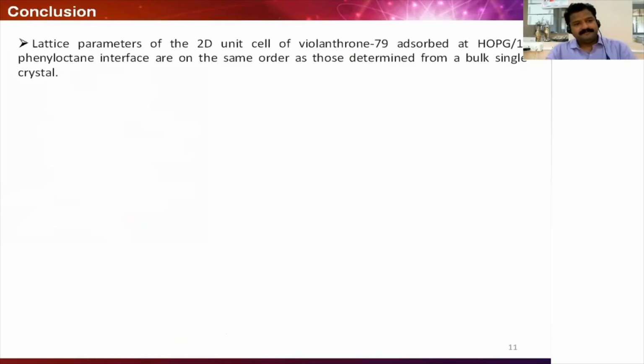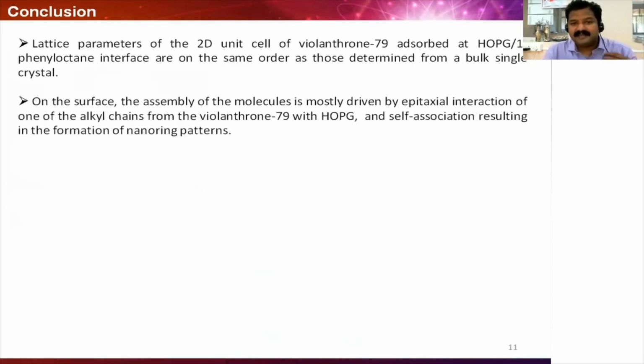So in conclusion, the lattice parameters of the 2D unit cell of violentron adsorbed at the HOPG solid-liquid interface are on the same order as those determined from the bulk crystal through XRD and TEM measurements. On the surface, the assembly of the molecule is mostly driven by the epitaxial interaction of the alkyl chains of this violentron with HOPG, and also self-association, because these heteroatoms can form hydrogen interactions with neighboring molecules.